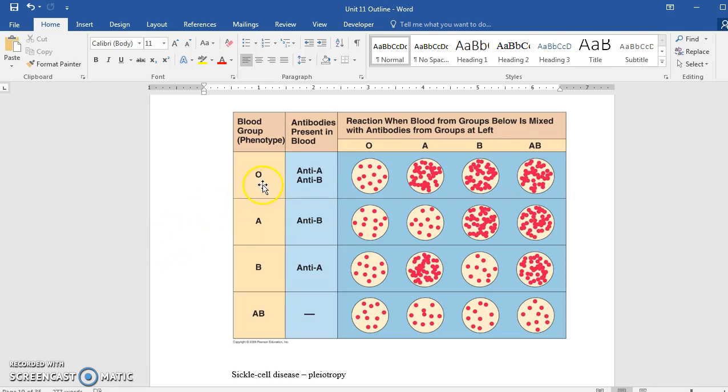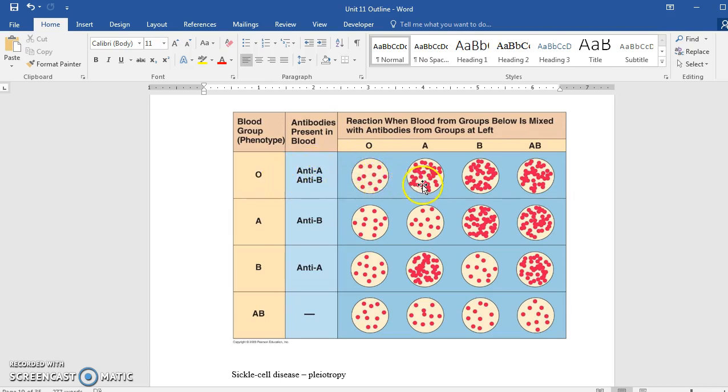O type of blood, that's the universal donor. They have antibodies against A and B, so they can only accept O type blood, but they can donate to any group. And what they're trying to show here is there's no agglutination clotting when you give O type of blood with O.